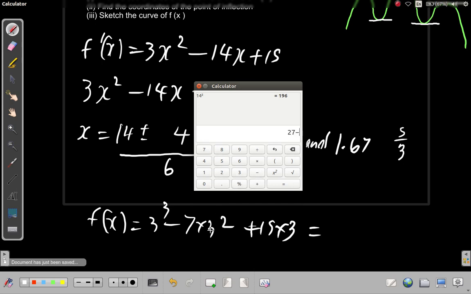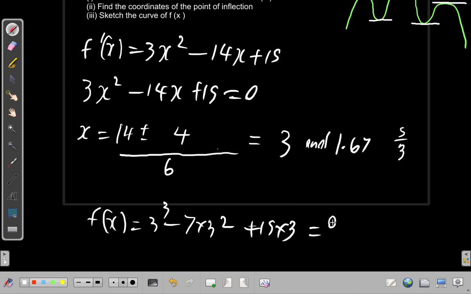Minus 3 3 is 9, 9 7 63, minus 63. Plus 15 by 3, 45, equals 9. So f of x is 9 when x equals 3. Let me just write this as f of 3, which is 3 cubed minus 7 by 3 squared plus 15 by 3.